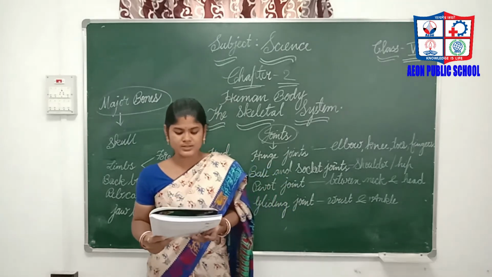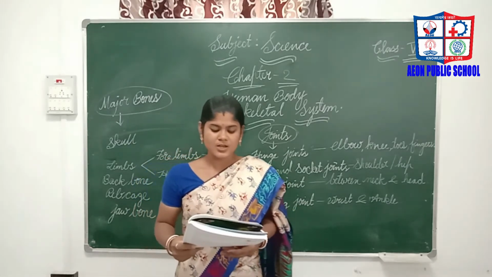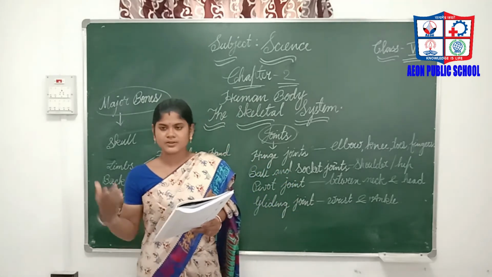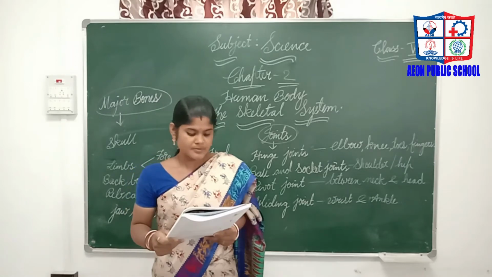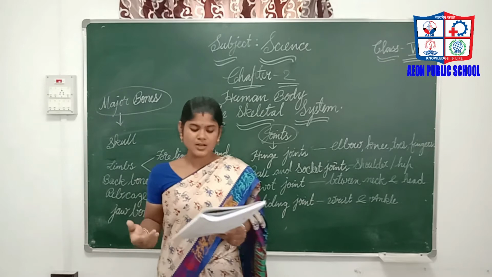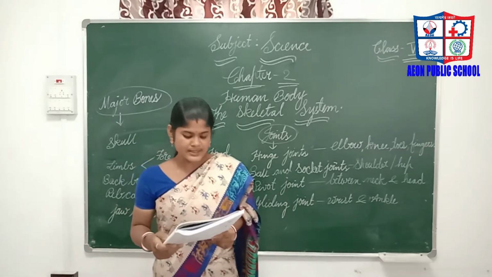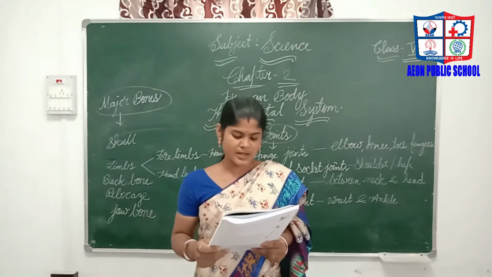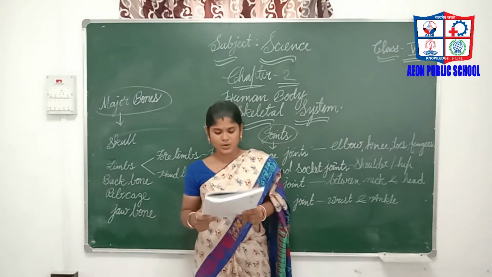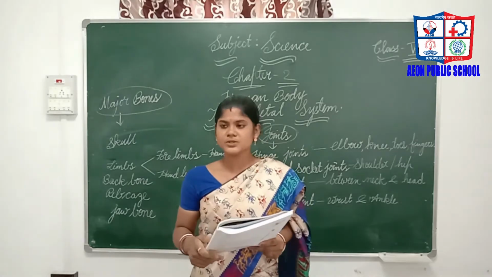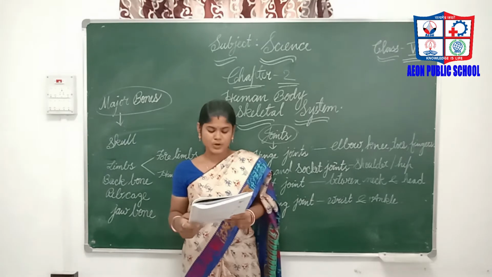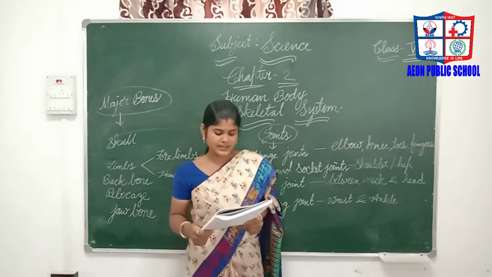It provides support, shape and strength to the body and protects the internal organs. Bones along with the attached muscles allow different body movements like walking, running, writing and holding.